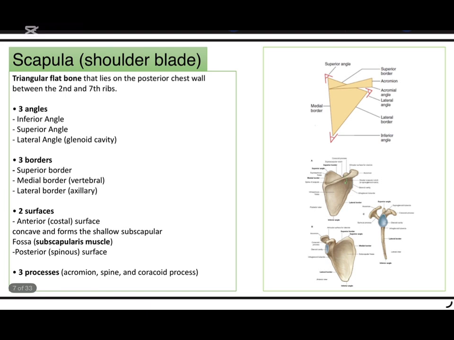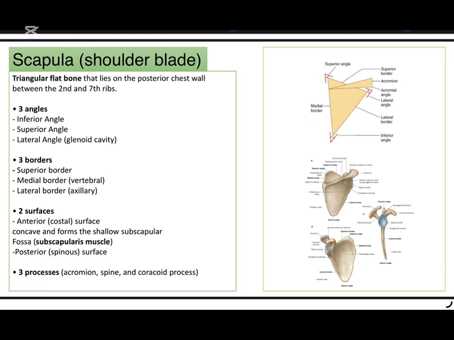The second bone from the bones of the upper limb, we call it the scapula. What type of bone is the scapula? It is a flat bone, okay? It is a flat bone and it is triangular in shape. Since it is a triangle, so it has the characteristics of a triangle.